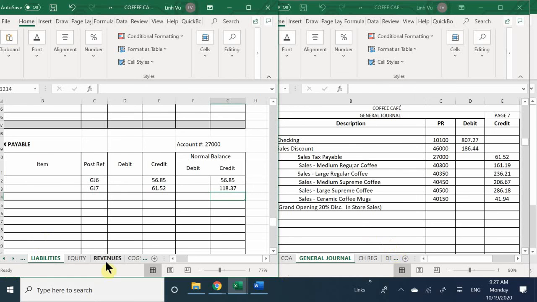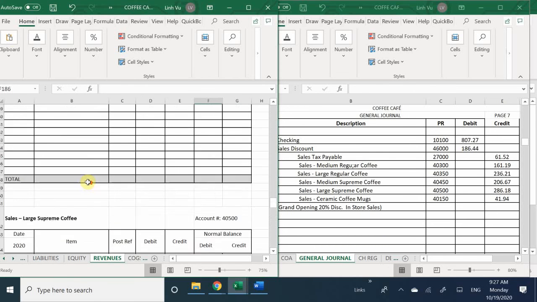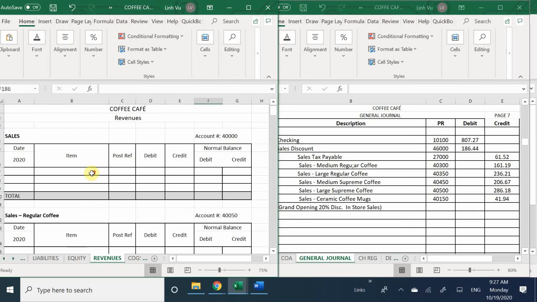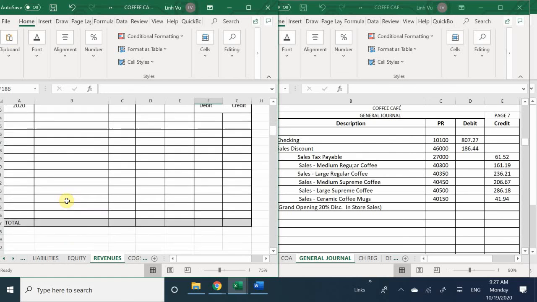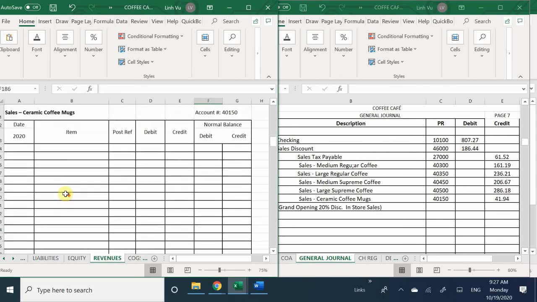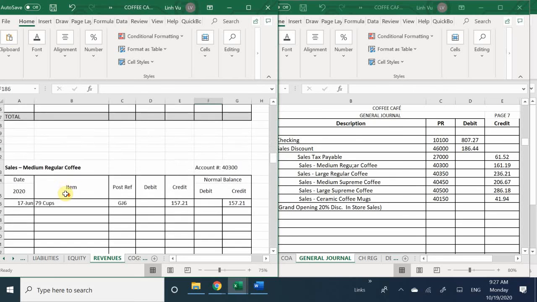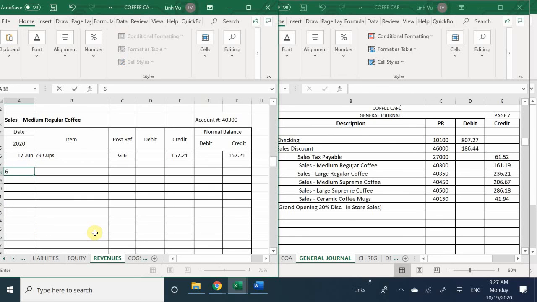Okay. Now we can go back to our sales and itemize every single thing. So here, my first one is going to be sales for medium coffee. Here I see Supreme Coffee. This is just the regular or the by the pound. This one says ceramic coffee mugs. We will enter that afterwards. Here you go. Sales medium regular coffee. So I'm going to write in here the date.